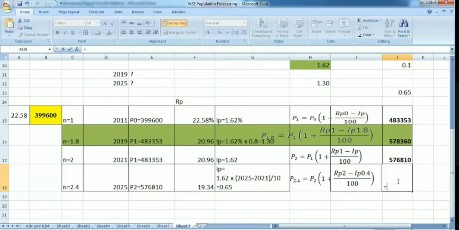I'll be considering the P2 value multiplied by 1 plus 19.34 minus 0.65, divided by 100.